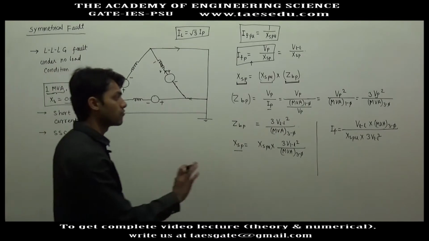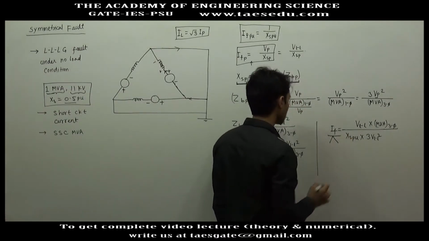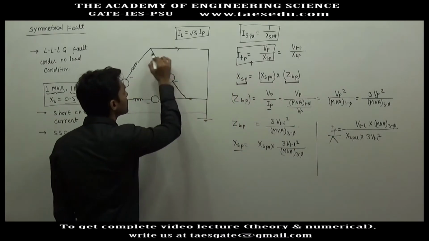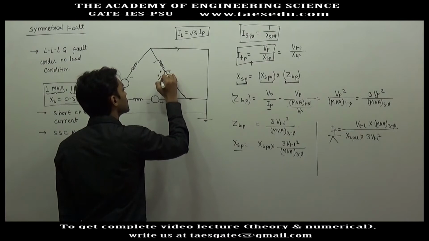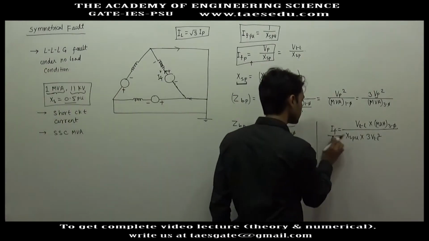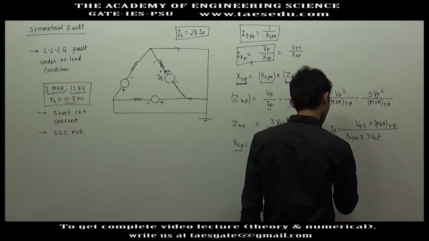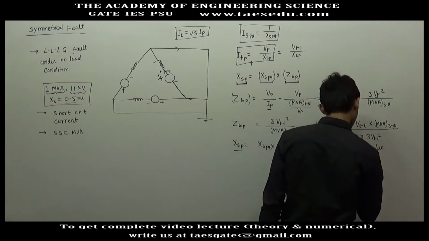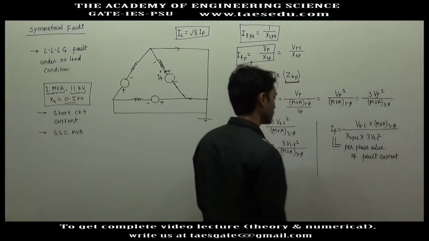This is the actual value of fault current in phase or line. Okay, we have moved in this loop and here we have voltage drop. So IF is here. This is the per phase value of fault current.